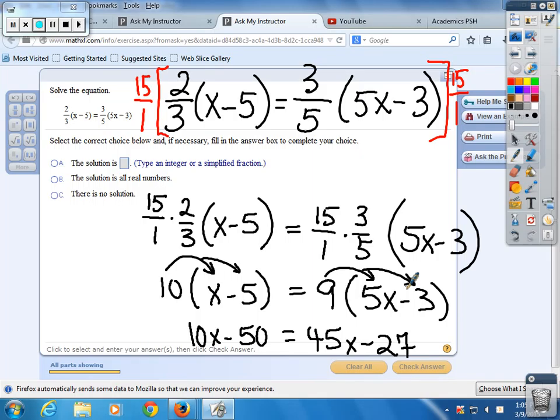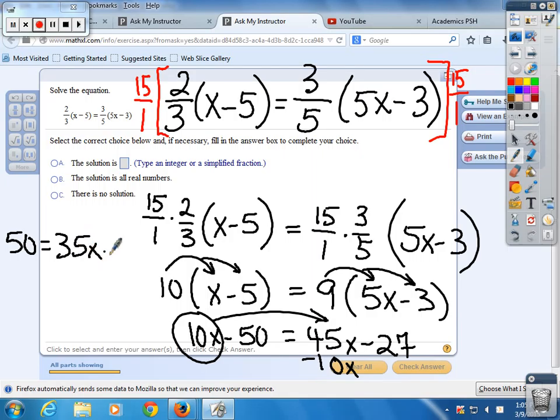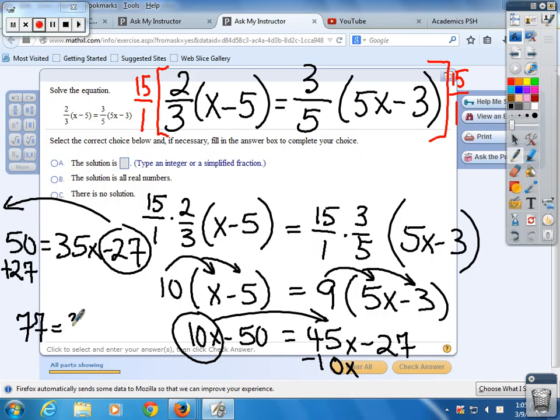So we're going to move it because that's what everybody would do, even in the real world. So we get 50 is equal to 45x minus 10x minus 27. And then that 27 comes across the river, plus 27. That'll give me 77 equals 35x.